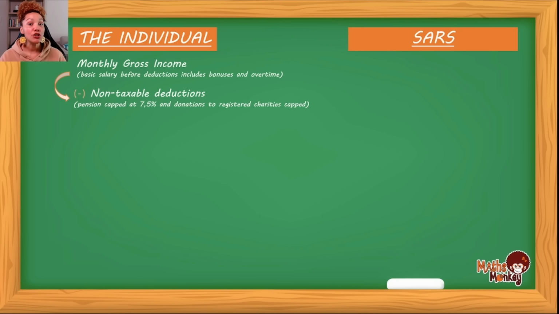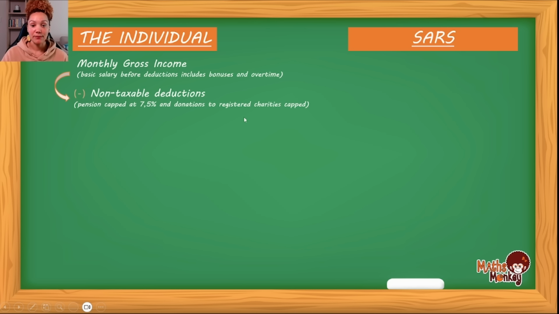So don't assume, if they don't say anything, you don't have to include them. Okay, so what are the non-taxable deductions? If you are paying pension fund, 7.5% of your gross monthly income is what they are willing to deduct from your gross income before paying tax, as well as if you made any donations to registered charities, that would also be deducted here.